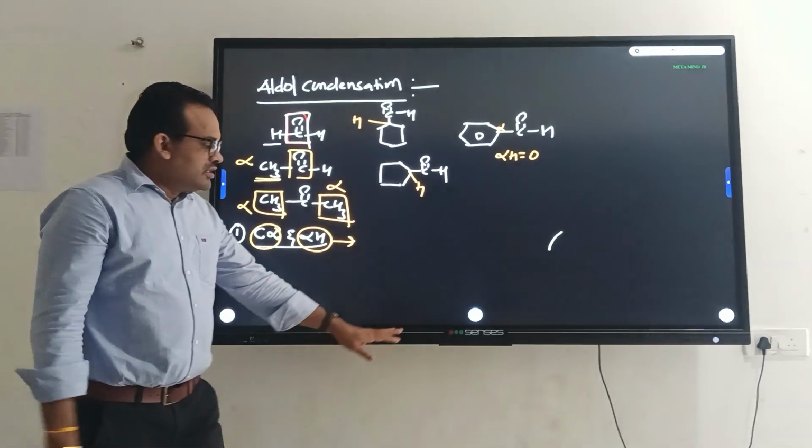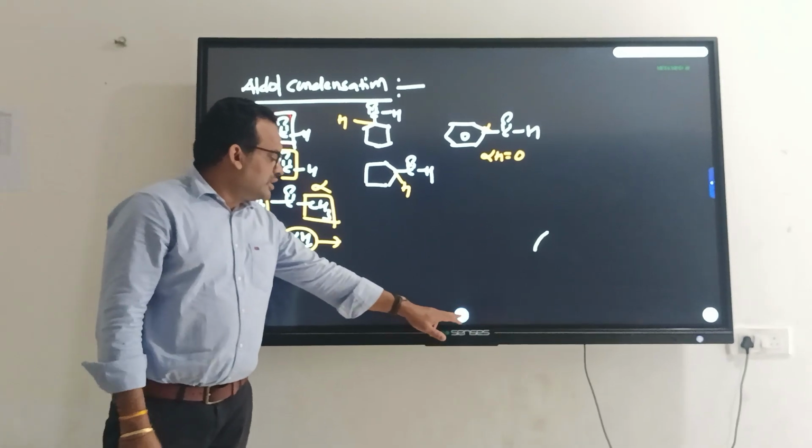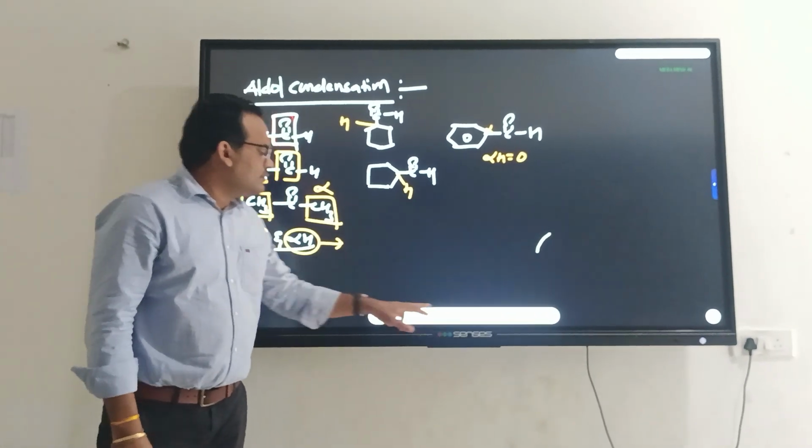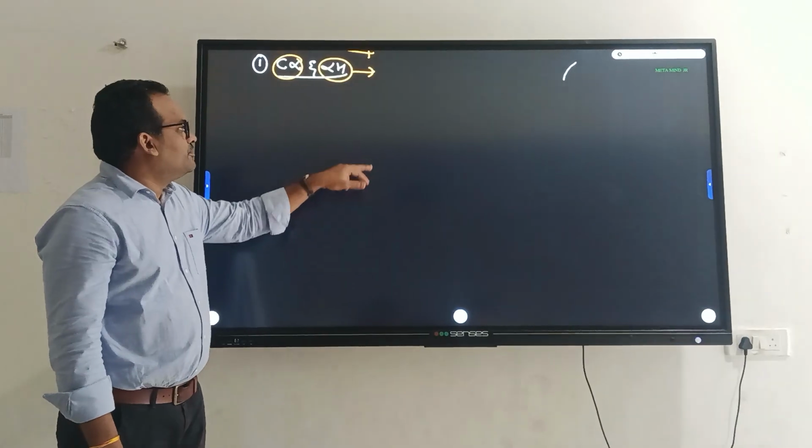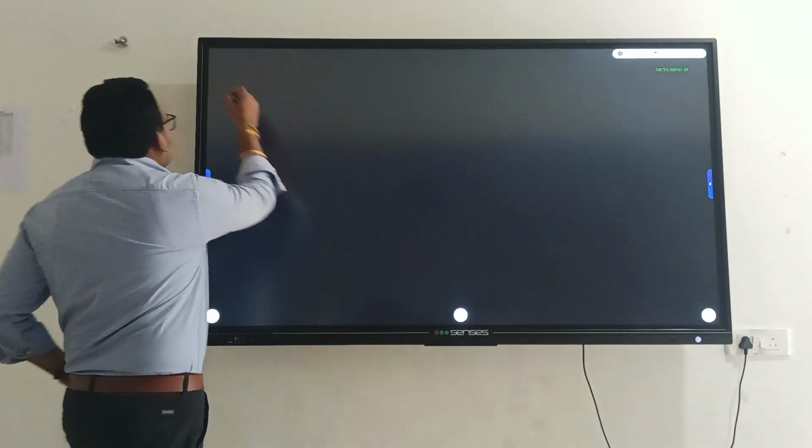For Aldol condensation, the basic important thing is that a minimum of 2 alpha hydrogens are required. Now what is the basic fundamental equation?